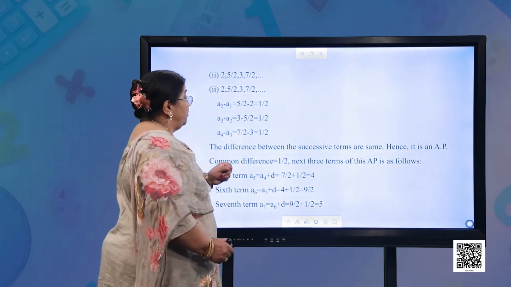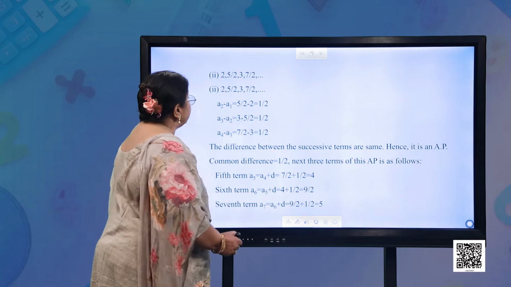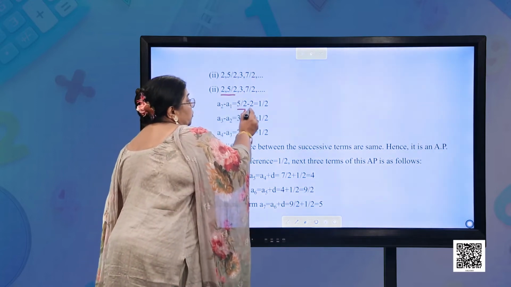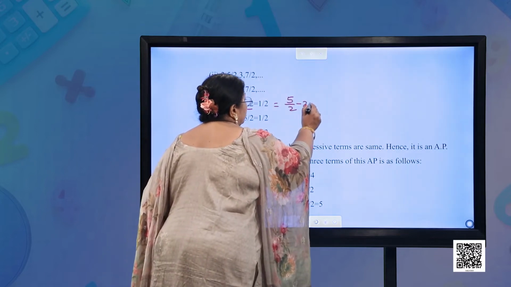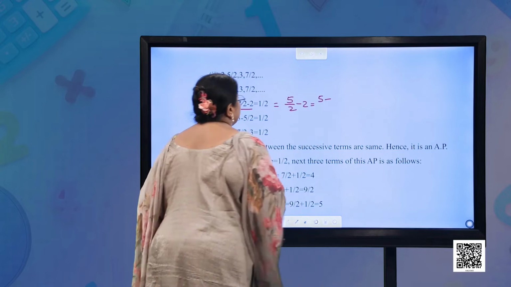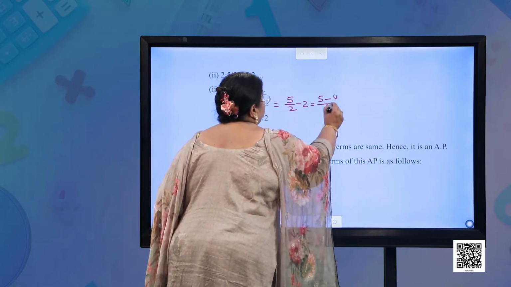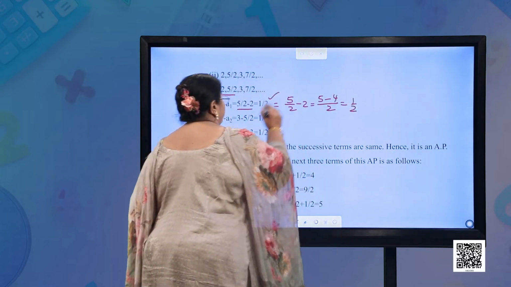We have 2, 5 upon 2, 3 and 7 upon 2. In this case, what is A2 minus A1? 5 by 2 minus 2. That gives us, see, look here, 5 by 2 minus 2 is 5 minus 4 upon 2, that is equal to 1 upon 2. Can you see here?